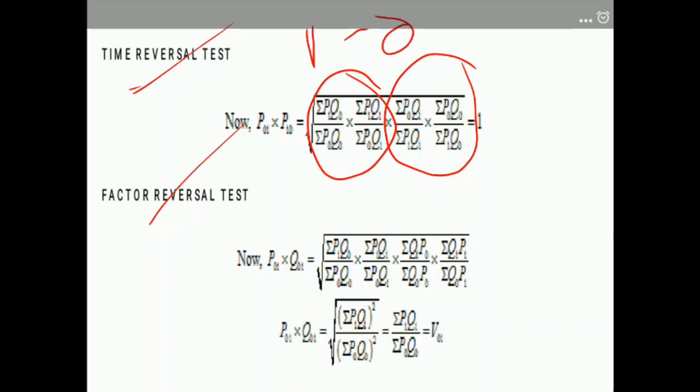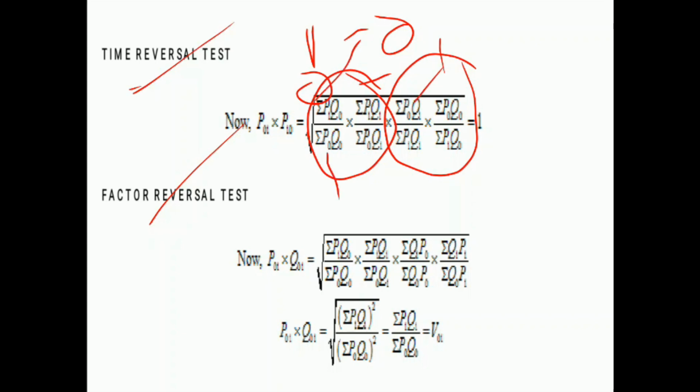But in the second part, there is a small change. Wherever 1 is there, it is changed to 0, and 0 is changed to 1. If you observe summation P1 Q0, in the second part it is summation P0 Q1.